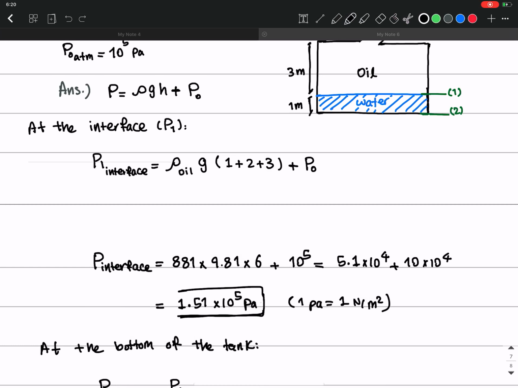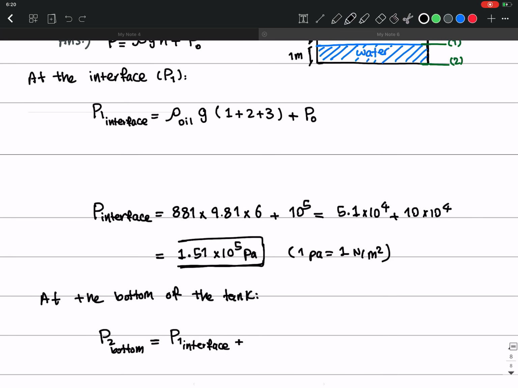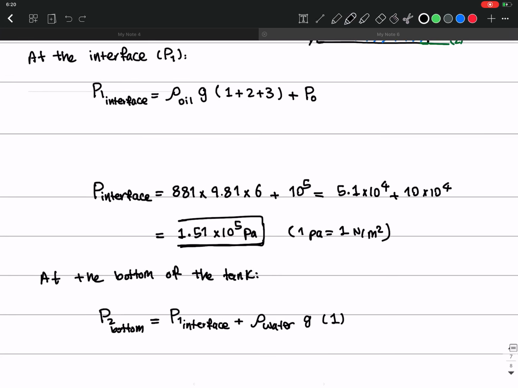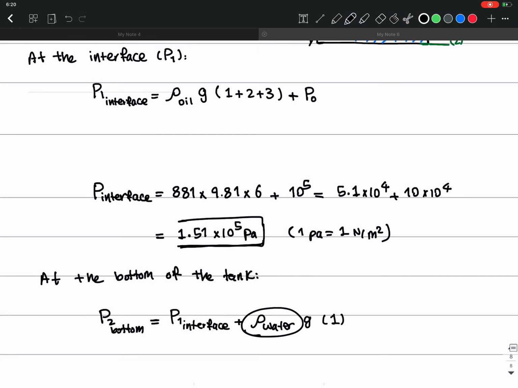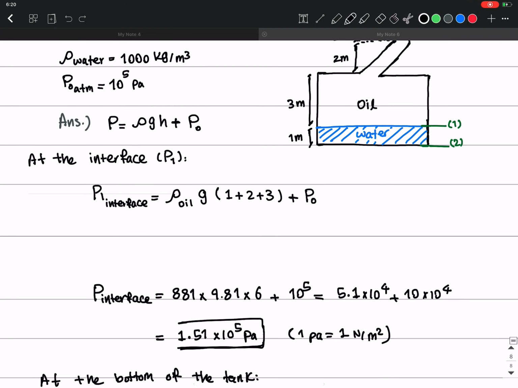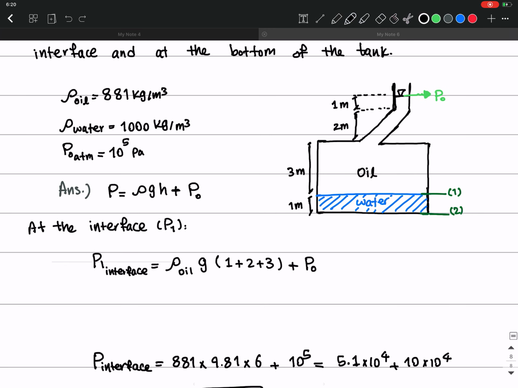So what I mean is P1 interface plus rho water times g times how many meters? 1 meter, because we have 1 meter of water on top of that. So it is very important to know that here we have rho water, and for the earlier part we had rho oil, because we had oil in that area, while here we had water.